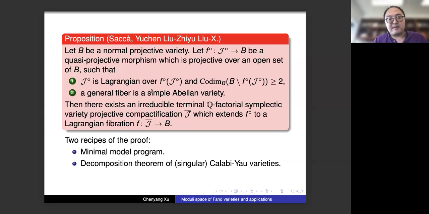So basically, Saccà proved this without condition 2, that you can always compactify it as a symplectic variety. But then if we know a general fiber is a simple abelian variety, then it's actually irreducible symplectic. The ingredients of this proof have 2 parts. To get the symplectic variety, as in Saccà's work, you need the minimal model program. And then to prove the irreducibility, you need the decomposition theorem for singular Calabi-Yau varieties, which was proved by a combination of many people.